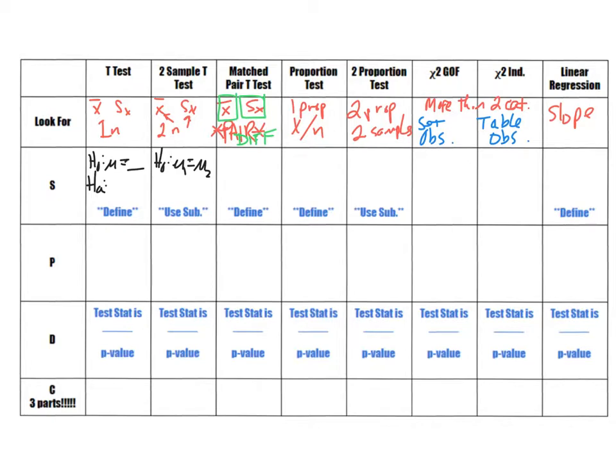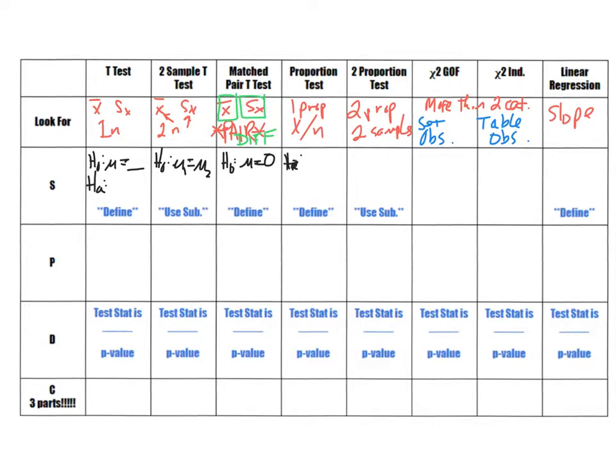So going on to the matched pair, remember that the matched pair null, because we've condensed it down to one list, is mu is equal to 0, that there was no difference. And again, your alternative would just be greater than, less than, not equal to. A one proportion test.